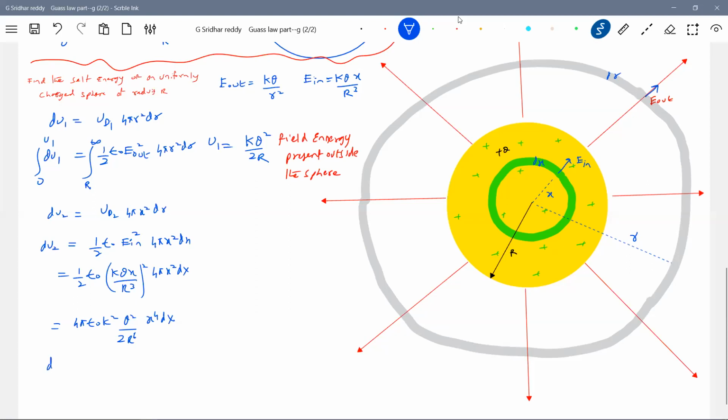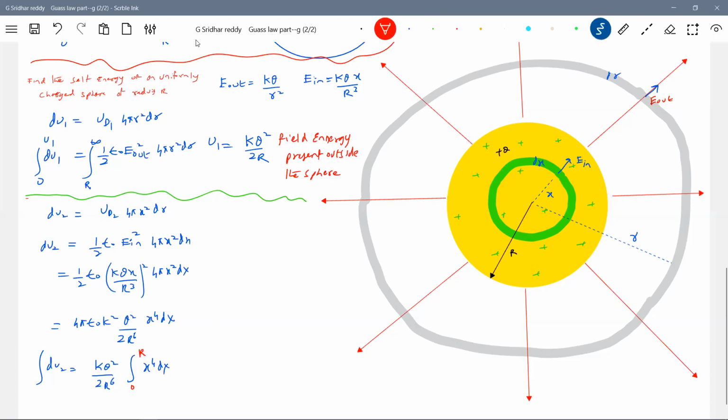Let me integrate this. So dU2, 4 pi epsilon naught k square, 1 cancels out. So kq square by 2 R to the power of 6, you keep outside. Anybody, the limit? What should be the limit? 0 to capital R, because we are calculating the field inside. We're calculating how much energy is present inside, no? So 0 to capital R, it should be.